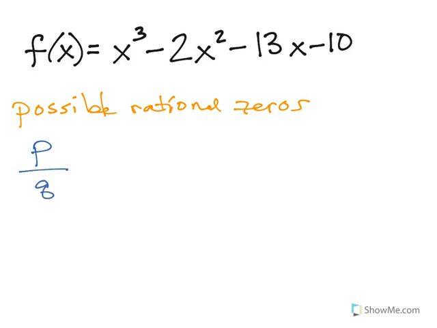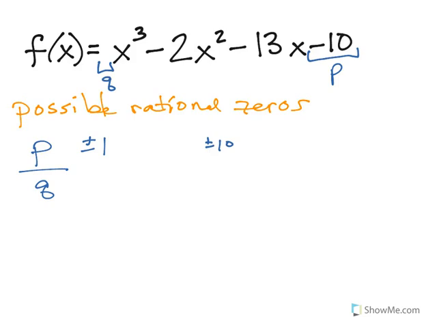And if you don't remember what those are, the constant term is referred to as p and the leading coefficient is q. So with p, we think about negative 10. What are all of the factors of negative 10? Well, we can multiply 1 times negative 10 or 10 times negative 1. So we're going to have plus or minus 1 and plus or minus 10.